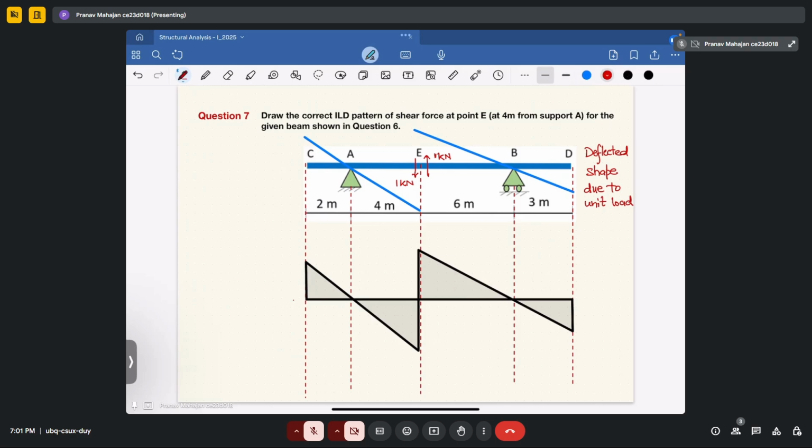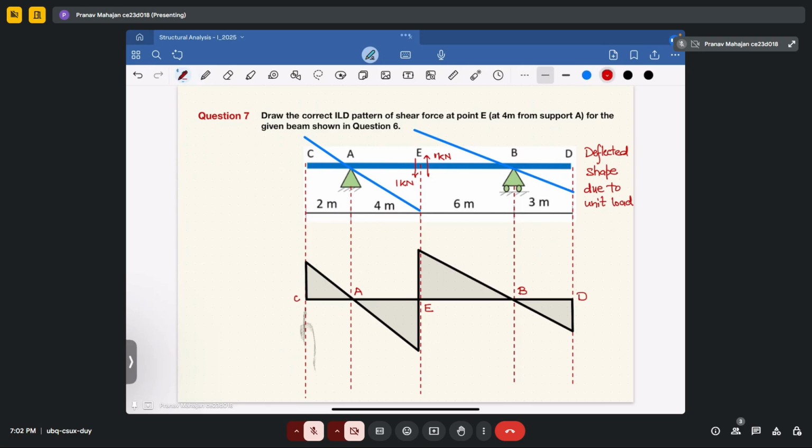So your shear force diagram will be same as your deflection profile of the beam. Fine. So in this question, you are not expected to calculate the values. Just have to draw the qualitative shear force diagram.